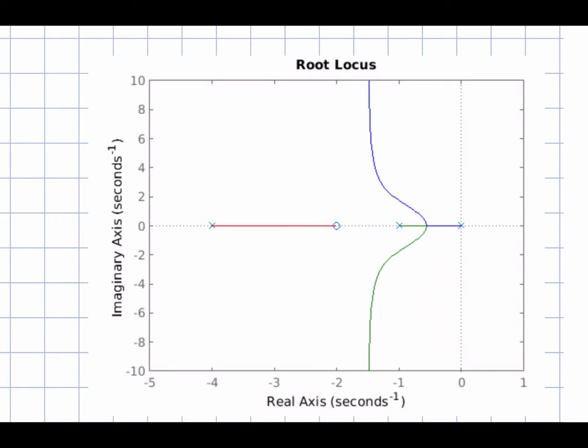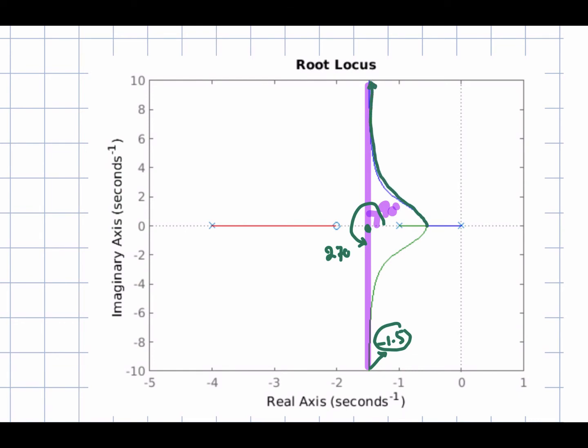But if we talk about the asymptotes, the asymptote we have drawn is this line, so this is 90 degrees, and this one over here is 270 degrees, and this point, you can see over here, is minus 1.5. So asymptotes just give you the idea of the path along which your poles will finally go towards infinity.